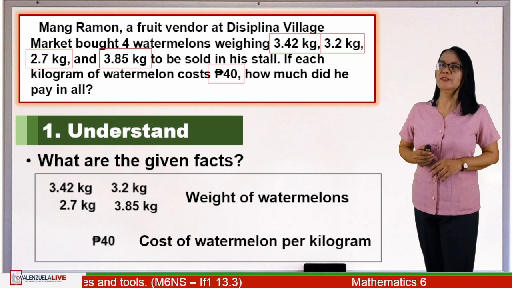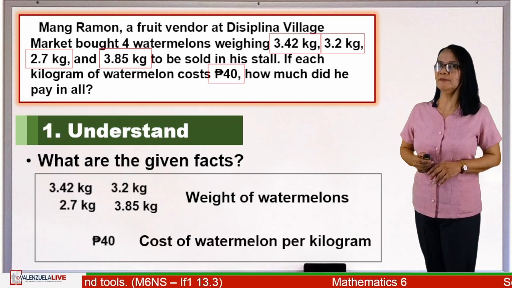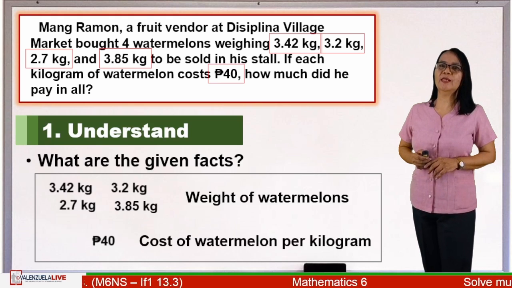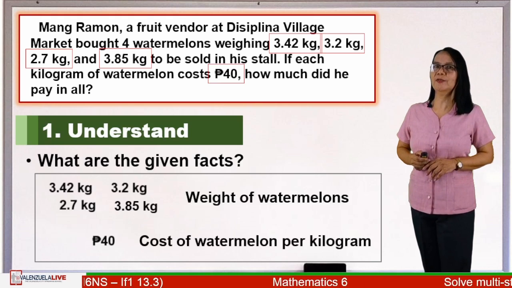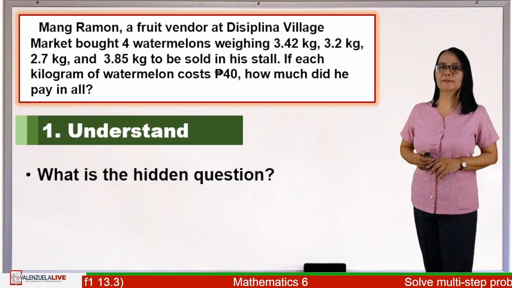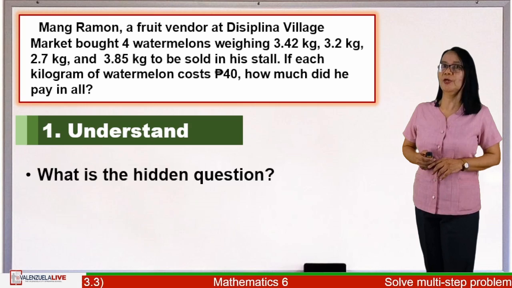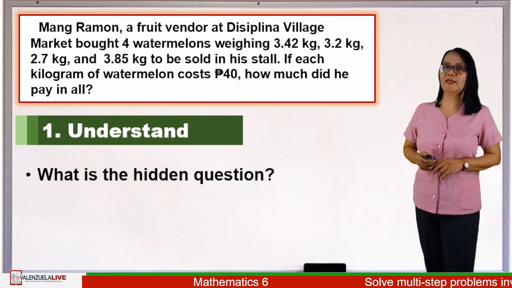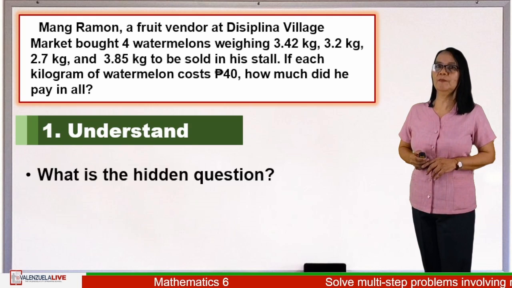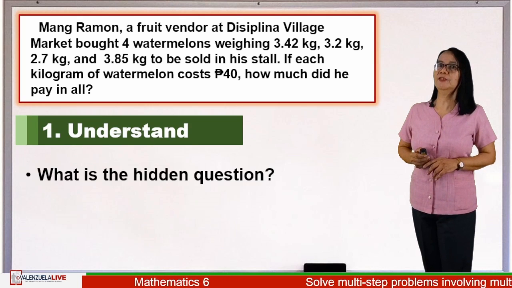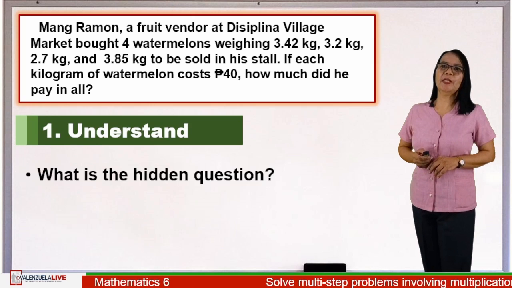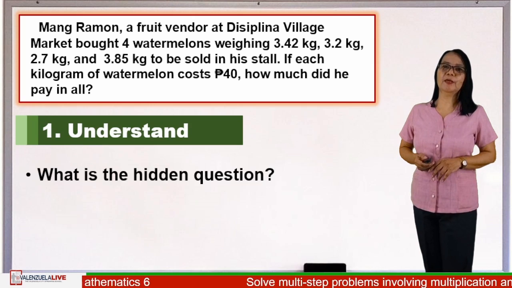Do you think we can solve the problem at once? No. First, we need to identify the hidden question. What is a hidden question? It is a question which is not directly stated or not easily recognized in the problem, but needs to be answered first before you get the final answer.